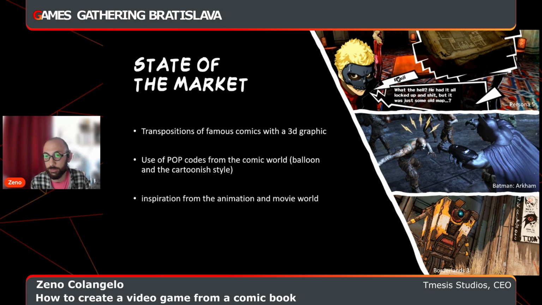And for example, the dialogues in the Persona series have wonderful graphics reminiscent of manga. Other games, for example Borderlands, use textures and 3D models that recall Western American comic book art.